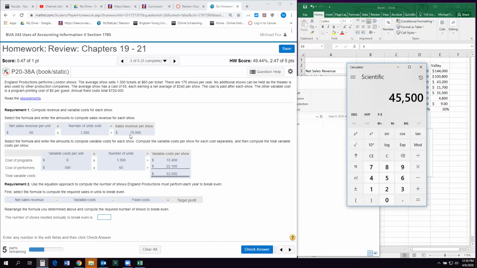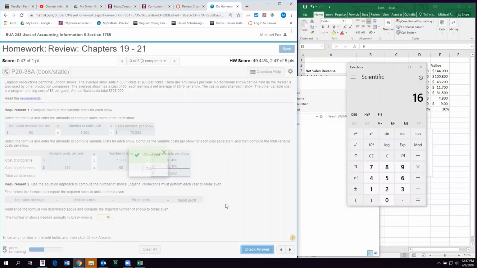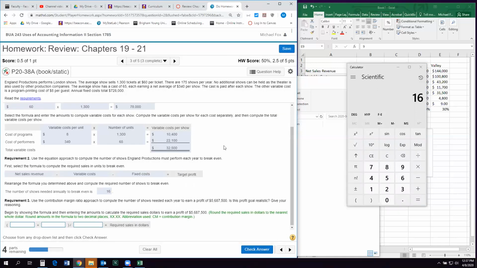If I take the total amount of my fixed cost, 728,000, and divide it by that contribution margin per show, that will tell me how many shows I need to break even. So 728,000 divided by 78,000 minus 32,500. So it's going to take 16 shows to break even. Sorry, that made me think harder than I like thinking.